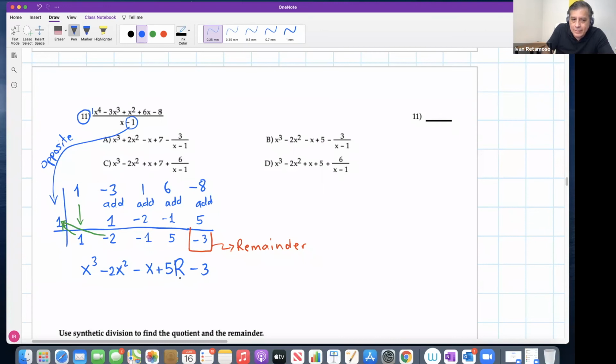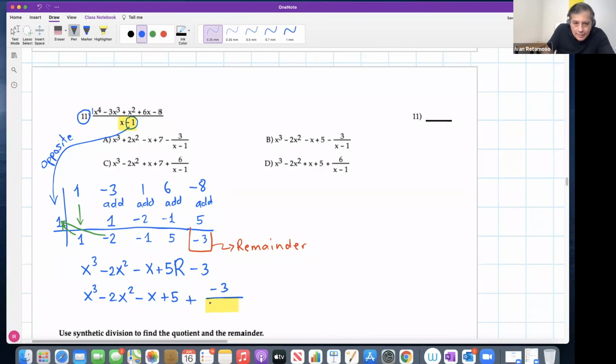This is the remainder. Written in the other form, this should be x cubed minus 2x squared minus x plus 5 plus this remainder, as a proper fraction. There's a -3 here, remainder. And on the bottom here, you write the divisor as it is, x minus 1. This is what's going to go here, okay?